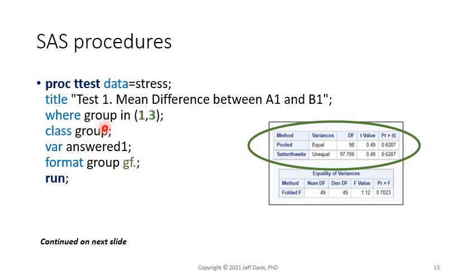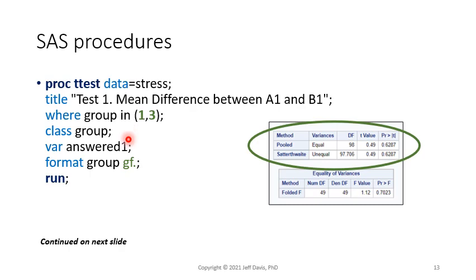Remember, I told you in the lecture for Chapter 9 that when you set up a 2-sample t-test, you can only have 2 samples included. But remember what we did a couple of slides ago. We set up a group variable that has 4 values, but our group variable can only have 2 values.